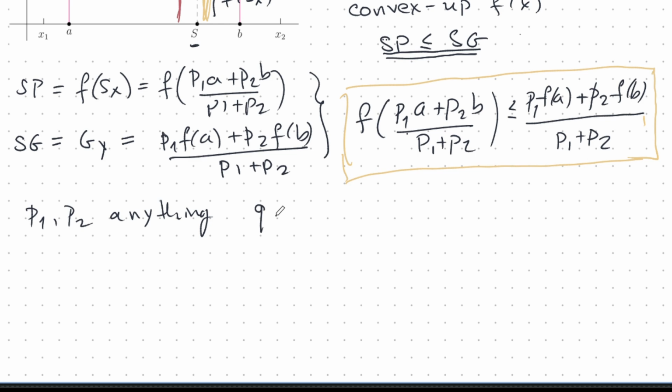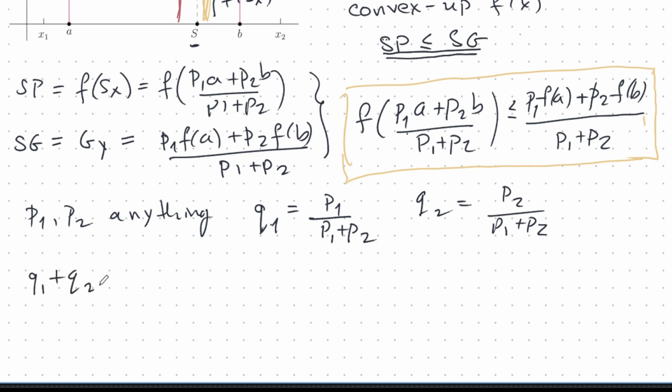So I choose a change of variable. I'll choose Q1 is P1 over P1 plus P2, and Q2 is P2 over P1 plus P2. So now I have this beautiful property that Q1 plus Q2 is 1. That's very nice.